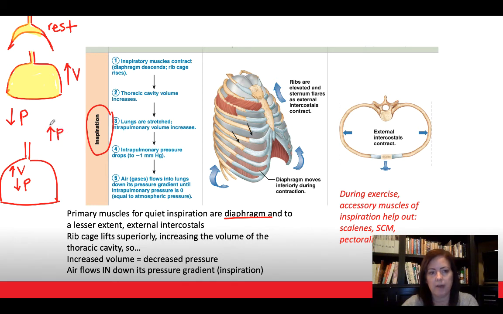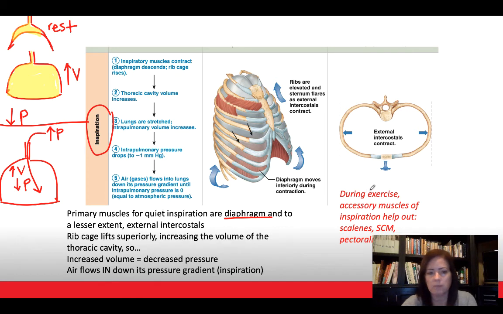Out here in the atmosphere, we're going to have a higher pressure than inside our thoracic cavity. Air is going to flow into our thoracic cavity down its pressure gradient. So that's what causes air to move in when we breathe in. Air is going to move from its area of high pressure to its area of lower pressure.